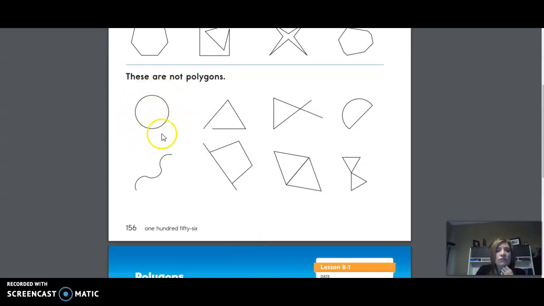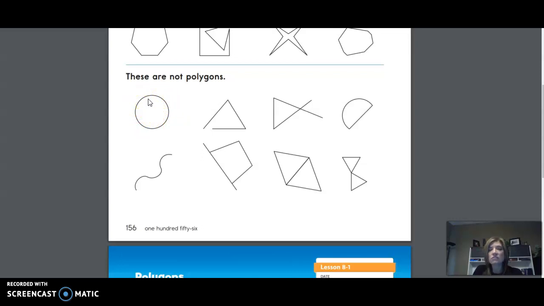Let's take this circle, for example. Now remember, a polygon is flat. Okay, this circle is flat. The next attribute of a polygon is that it is made of straight lines. Are the lines in the circle straight?